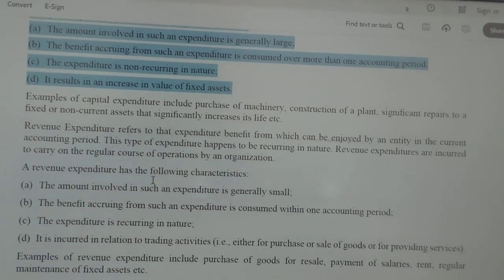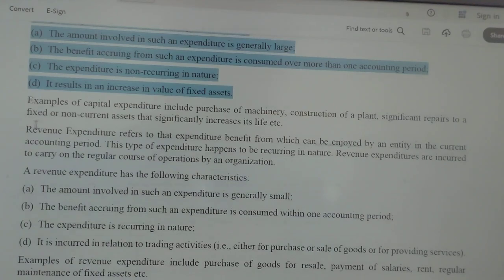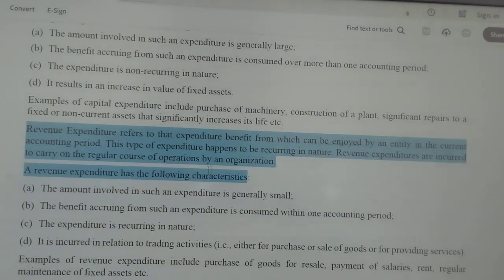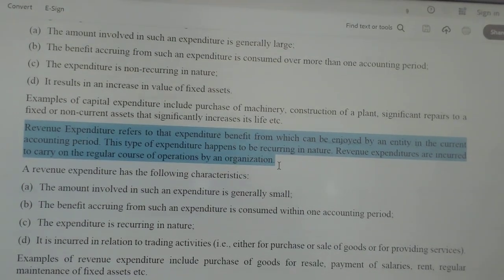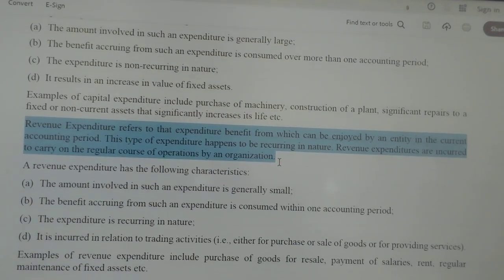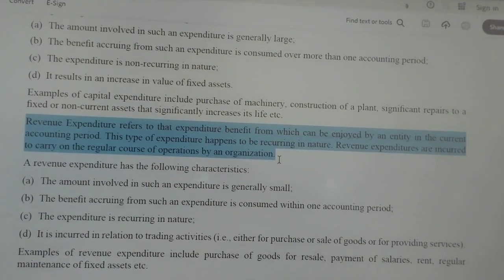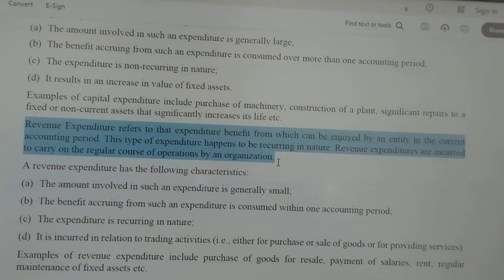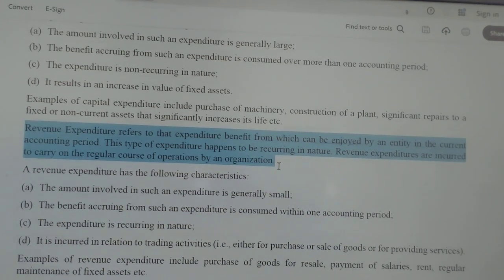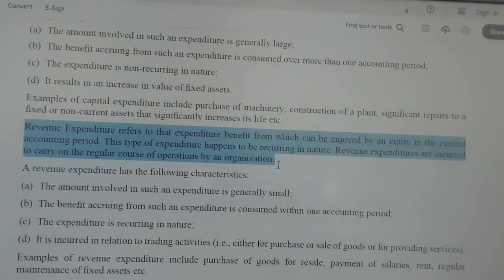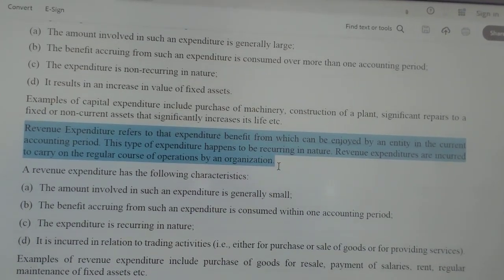Now we go to the classification of revenue expenditure. What is revenue expenditure? We will understand the definition here. It is expenditure whose benefit can be enjoyed by the entity in the current accounting period. This type of expenditure is recurring in nature.